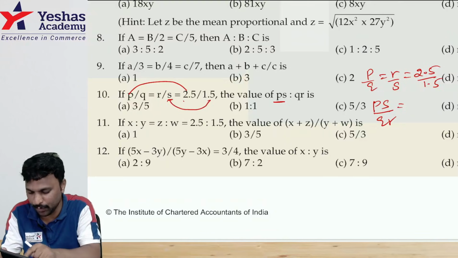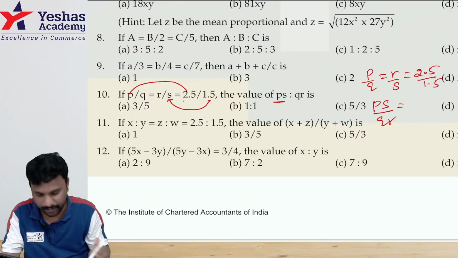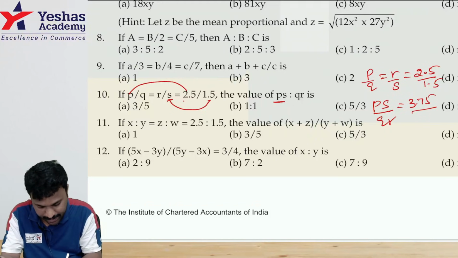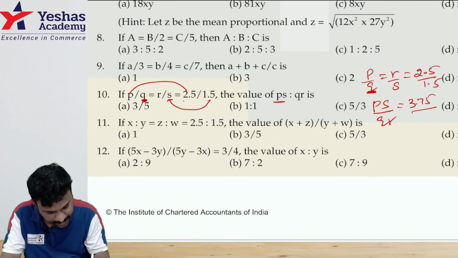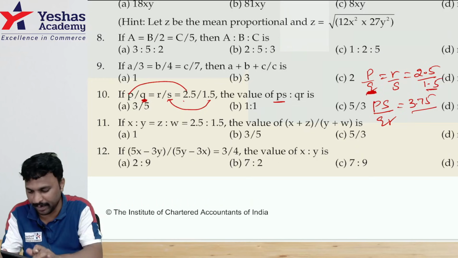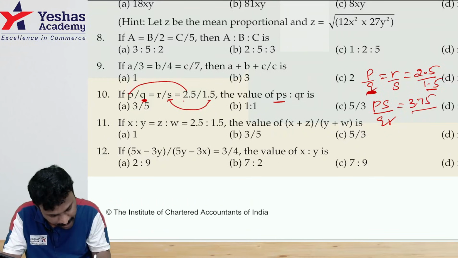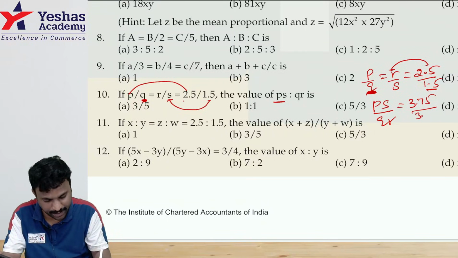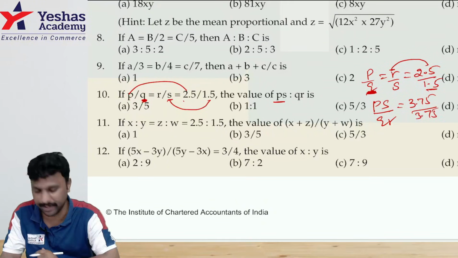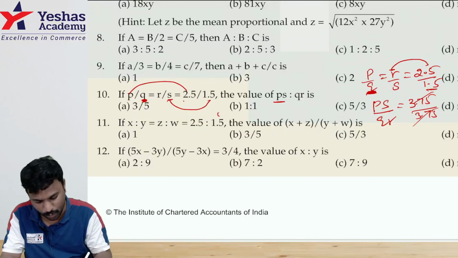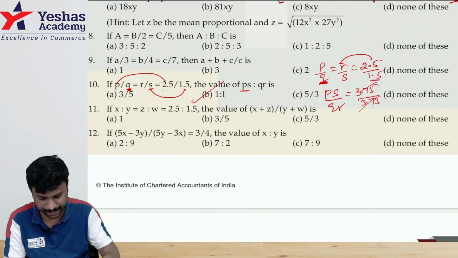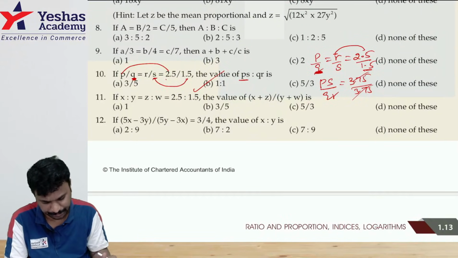So 2.5 into 1.5 fetches you 3.75. Again, Q into R. What is Q, guys? Q is the second denominator, so obviously 1.5 into R. What is R? R is the numerator, that means 2.5, which again gives you 3.75. So 3.75 by 3.75 is 1. That means 1 is to 1. Option B is the right answer. Is it clear, everybody? Moving on to the next question.